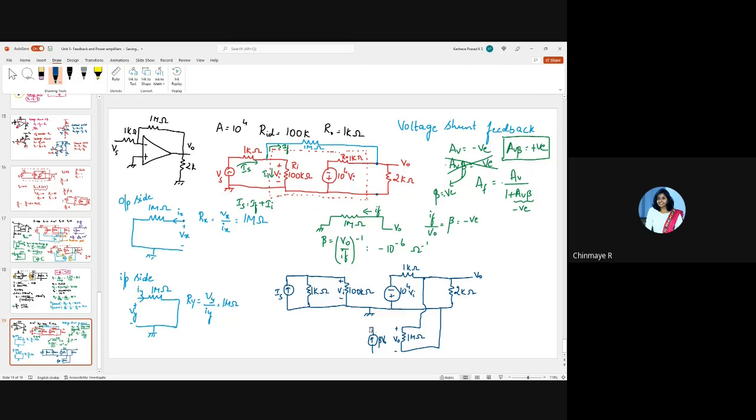And what is the impedance seen through the input side? Again, we saw the impedance seen between the input point and the ground is again 1 mega ohm, right? So this is again 1 mega ohm, and this 1 mega ohm goes here, because current is always fed back in shunt.